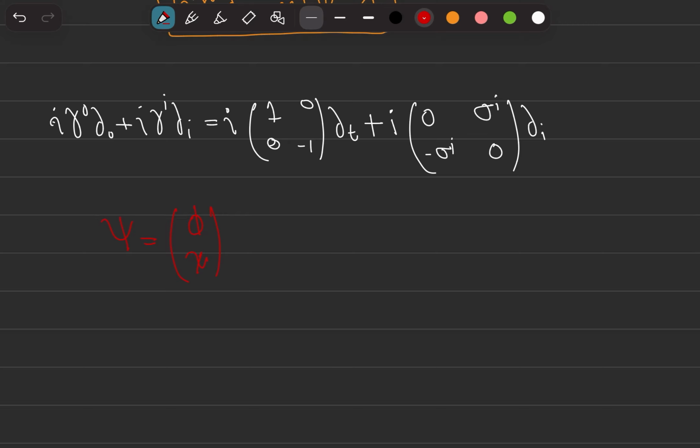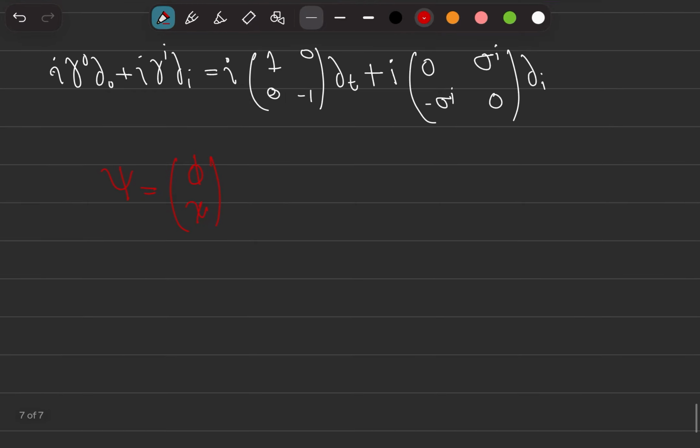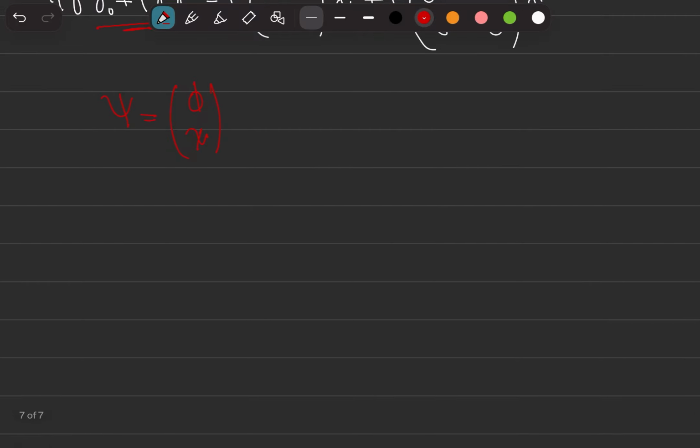If you do that, then you can just check for yourself that your Dirac equation applied to psi, to phi and chi, gives you two coupled equations of motion. Those equations are, let me just go ahead and write them down.